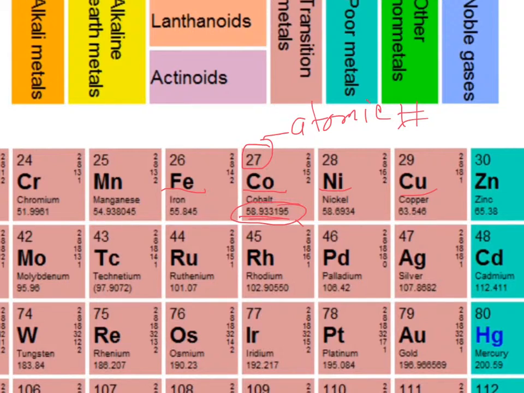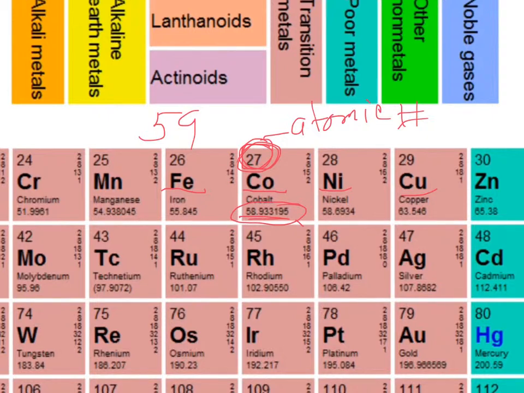If I say that the atomic mass of cobalt is 59, that I give you the atomic mass as being 59. I could ask you how many protons are in cobalt, how many electrons in cobalt, and how many neutrons in cobalt. Now, the number of protons and electrons is the same because the number of protons is the atomic number, 27, and the number of protons will be equal to the number of electrons, therefore electrons would be 27.